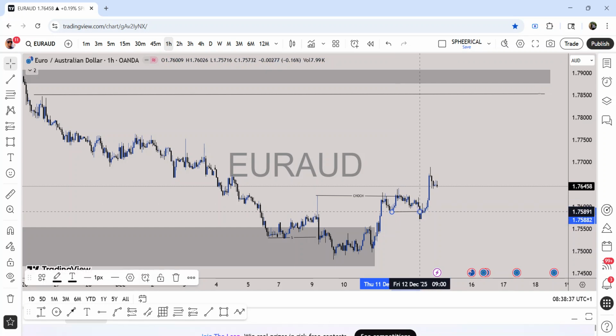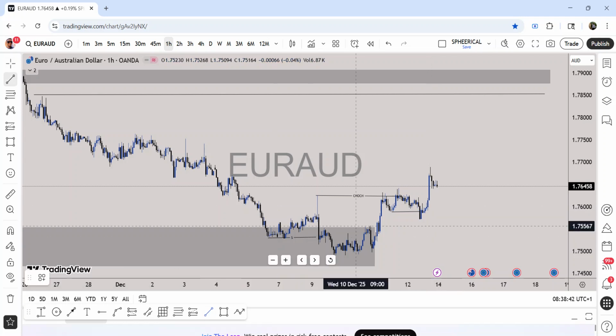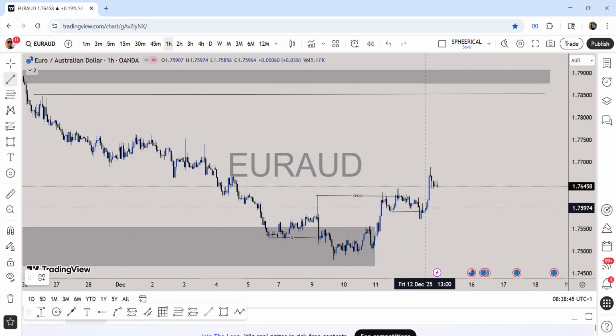So that shows you that there's a valid point of interest here. And also, this is a demand zone. It also caused a break of structure. You can see it. This is the previous higher high before the market made a higher low to sweep liquidity.